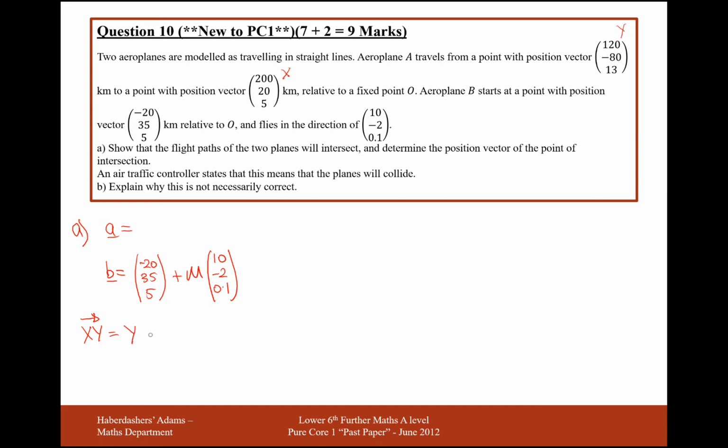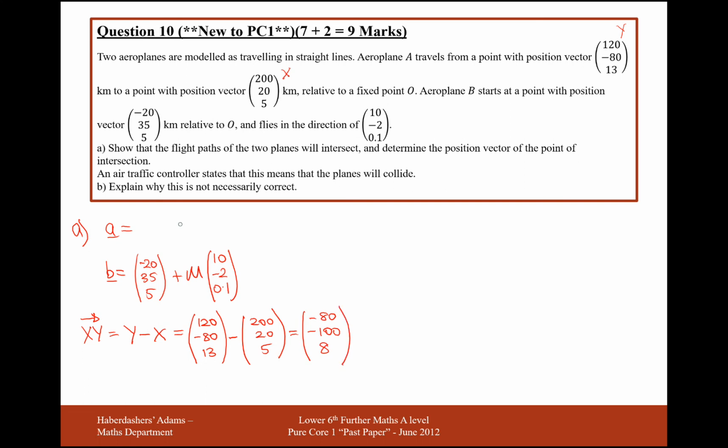So you do coordinate y take away coordinate x, which is going to be 120 minus 80, 13, take away 220 and 5. So this is going to be minus 80, minus 100, 8.